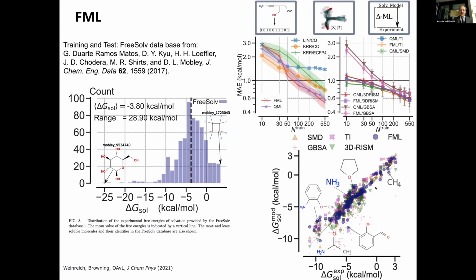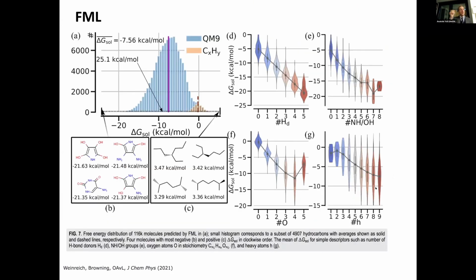So FML is on par with these legacy free energy of solvation models, and many of them took decades to develop, right? While our model was just trained, and basically once the idea was conceived, it was very straightforward to construct, train and use this model.